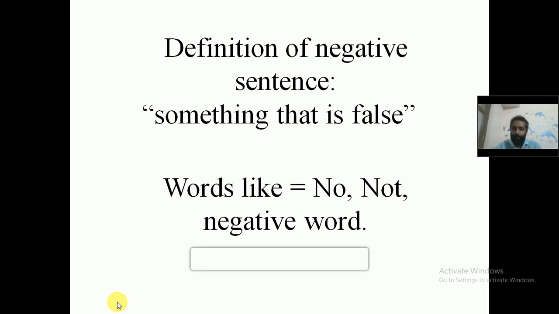When you find these words in a sentence, we can understand that this is a negative sentence. For example, Joe is not here. How do we understand this is a negative sentence? Because we have the presence of the word not in the sentence. So that is known as a negative sentence.